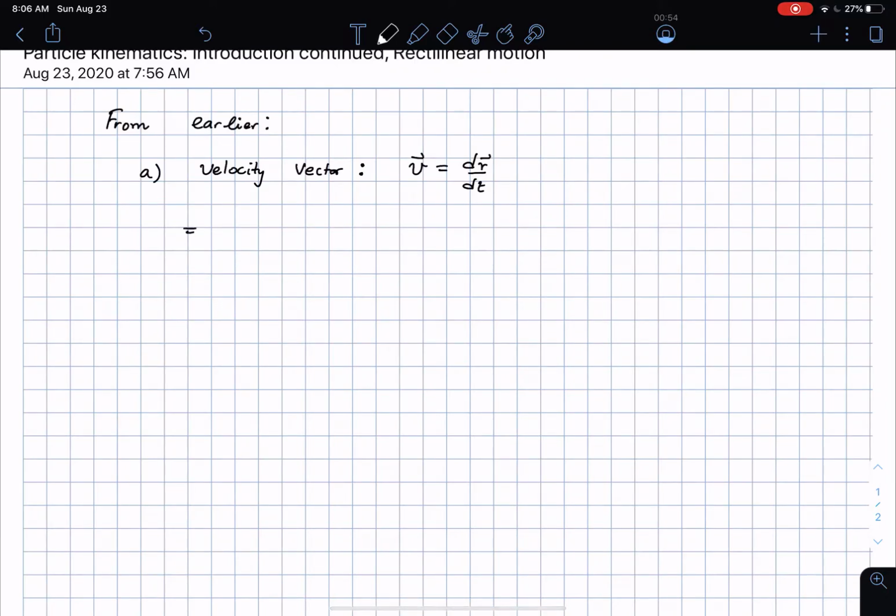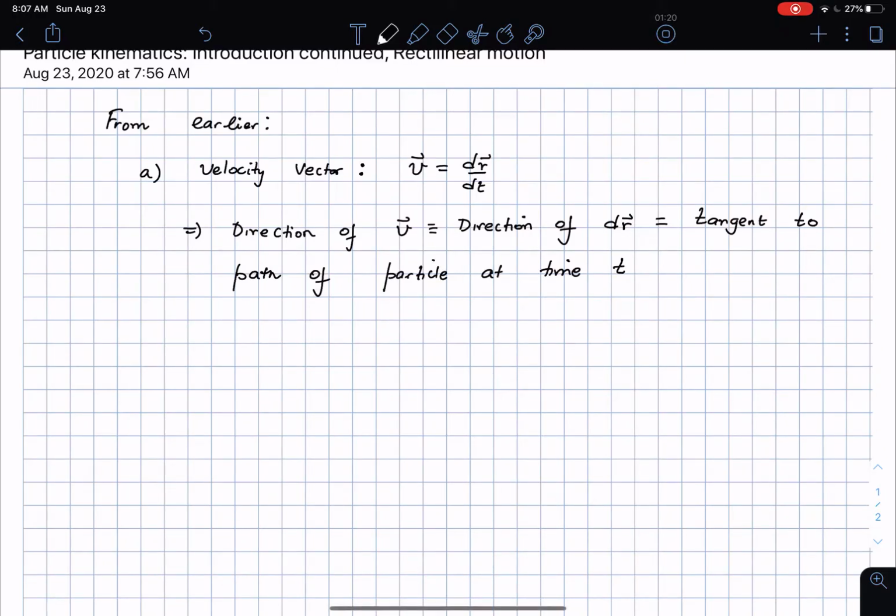And the direction of v is the same as the direction of dr, and they are both tangent to the path of the particle at time t. And this essentially is nothing but the velocity at time t.